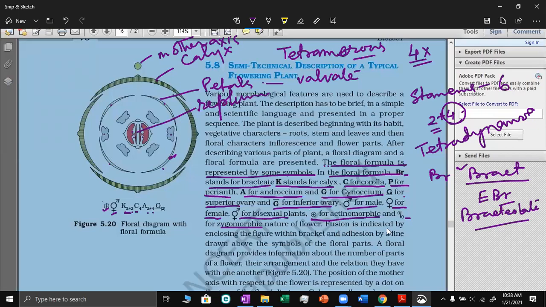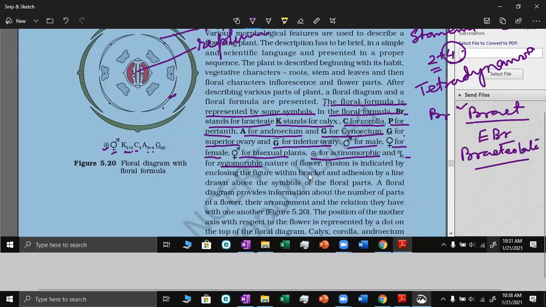Fusion of the floral parts is indicated by enclosing the figure within a bracket. Fusion of calyx or corolla, gamosepalous or gamopetalous, they are united together, so that is within the bracket.